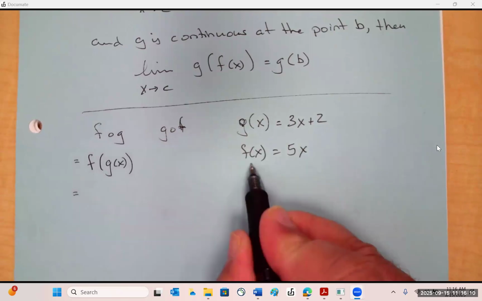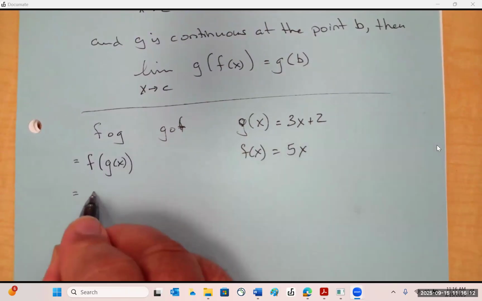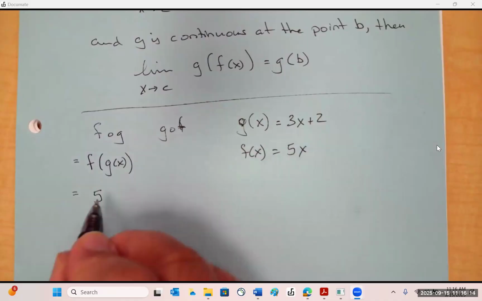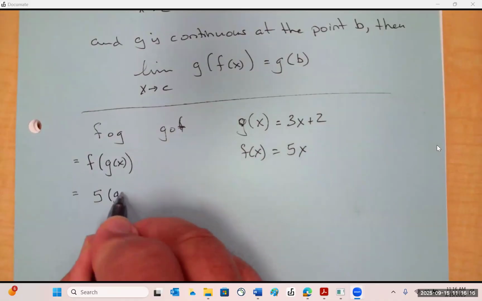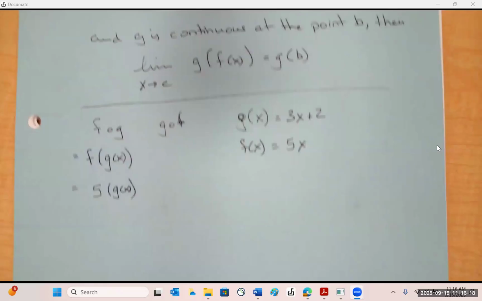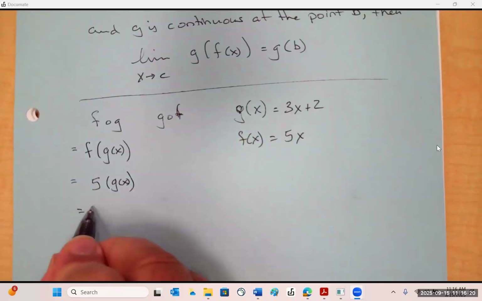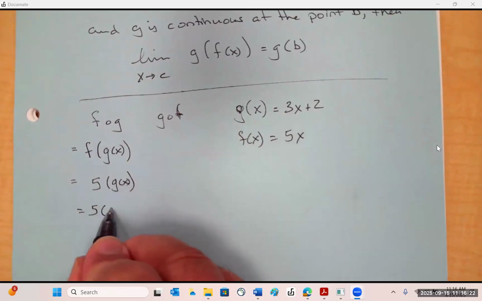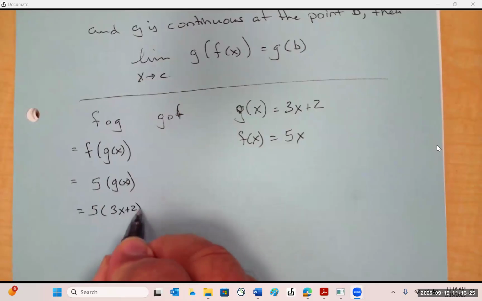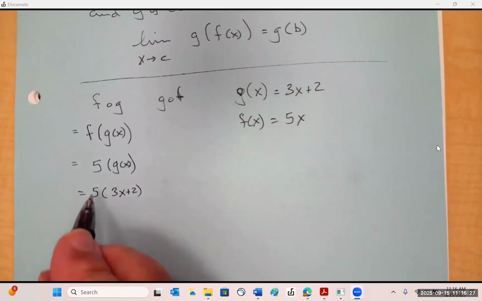So here's f of x, it's 5x. So anywhere I see an x, I put a g of x. What is g of x? G of x is 3x plus 2. And you work that out.